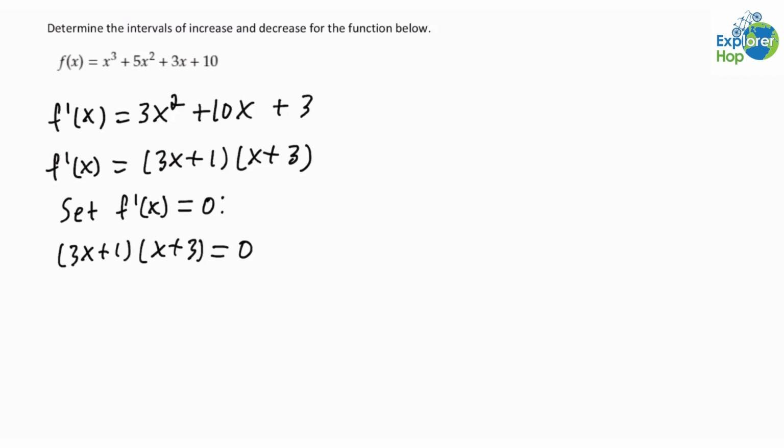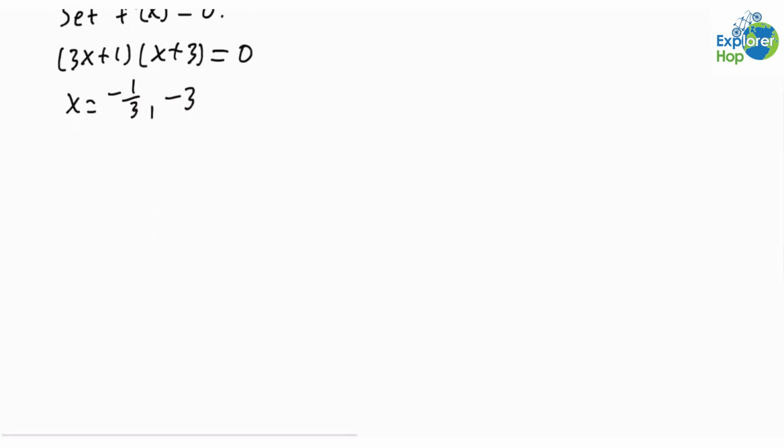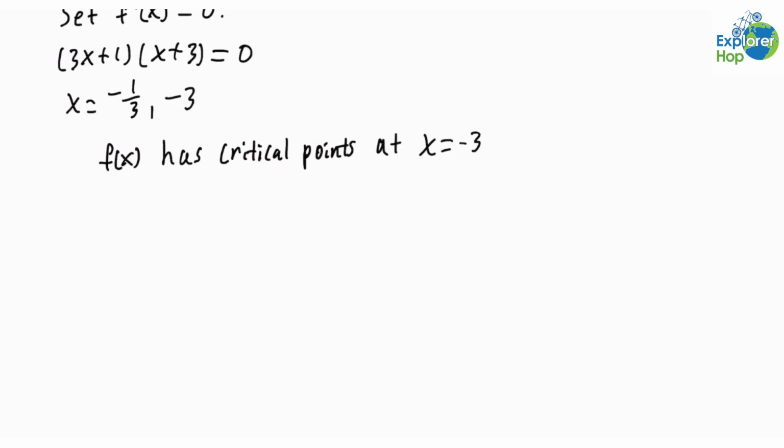And x is equal to negative 1 over 3 or negative 3. So this means that f of x has critical points at x equals negative 3 and x equals negative 1 over 3.